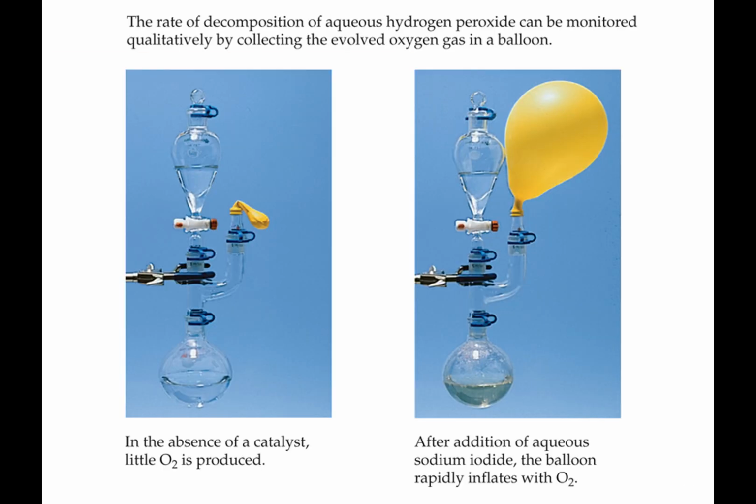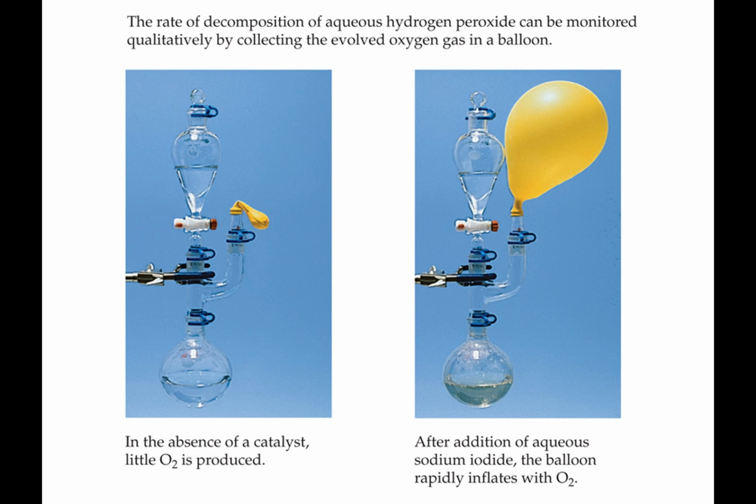Okay, so just as an example, it says the rate of the decomposition of hydrogen peroxide can be monitored qualitatively by collecting the involved oxygen in a gas balloon. And so here we have a setup where we're looking at the decomposition of aqueous hydrogen peroxide. So we have water and we have hydrogen peroxide, and they're added to each other.